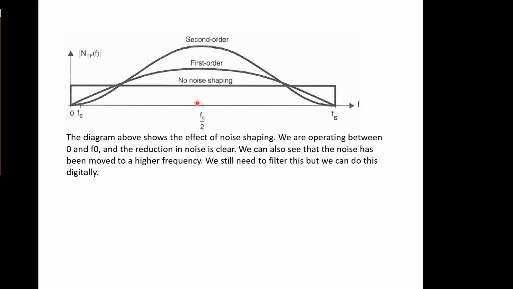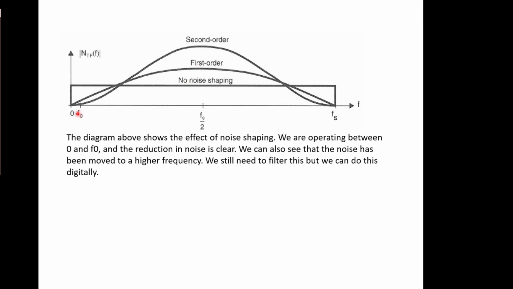We have to sample at fs over 2. So with the first order noise shaping, if you plot it out, remember it started at 0, and at fs over 2 it got to a peak value of 2, so this is a value of 2 here. We can see that from 1 here, so 2, and it is a sort of high pass response.